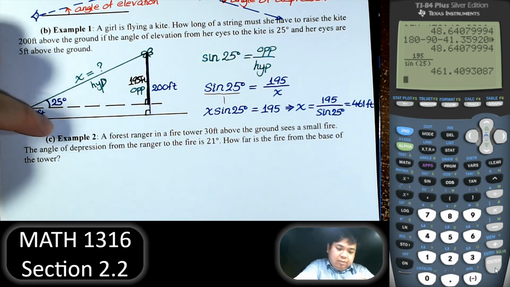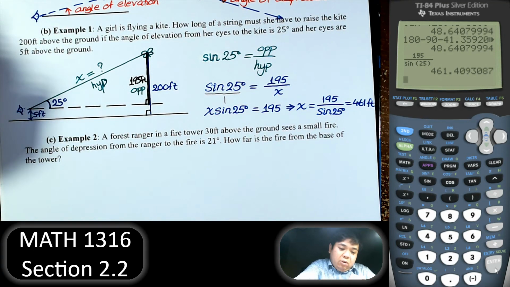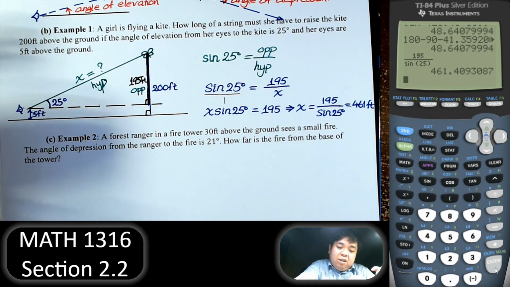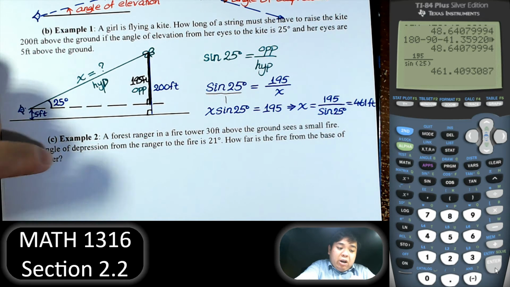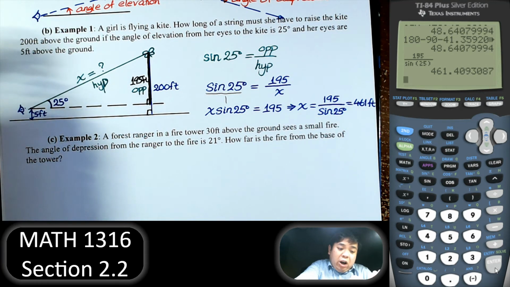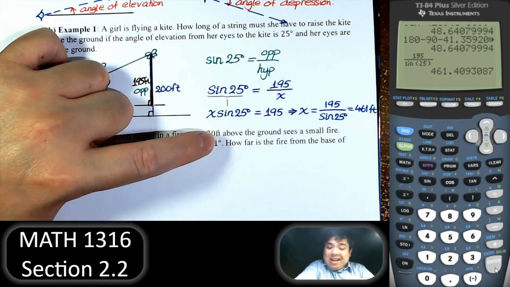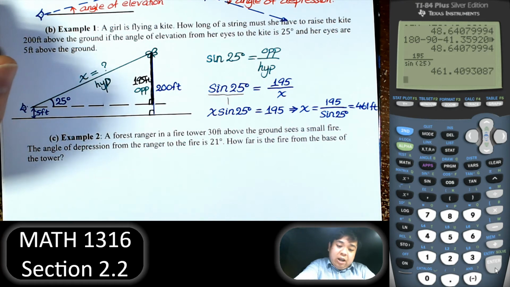Next, another example. A forest ranger in a fire tower 30 feet above the ground sees a small fire. The angle of depression from the ranger to the fire is 21 degrees. How far is the fire from the base of the tower?